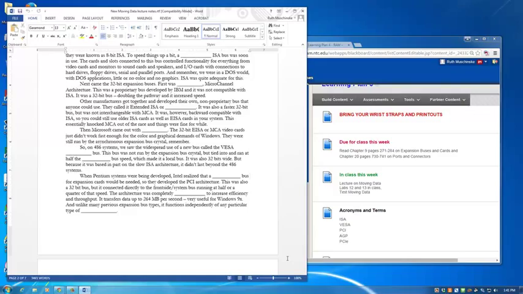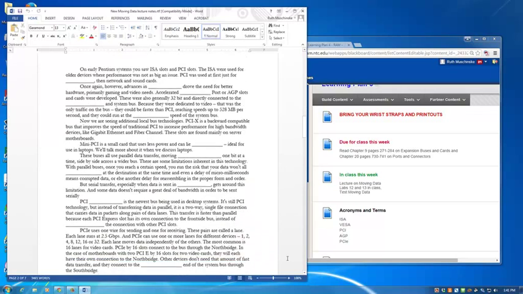The architecture was completely reworked to increase efficiency and throughput. It transfers data at 264 megabytes per second, very useful for Windows 95, 98, and ME. And unlike many previous expansion bus types, it functions independently of any particular type of processor.